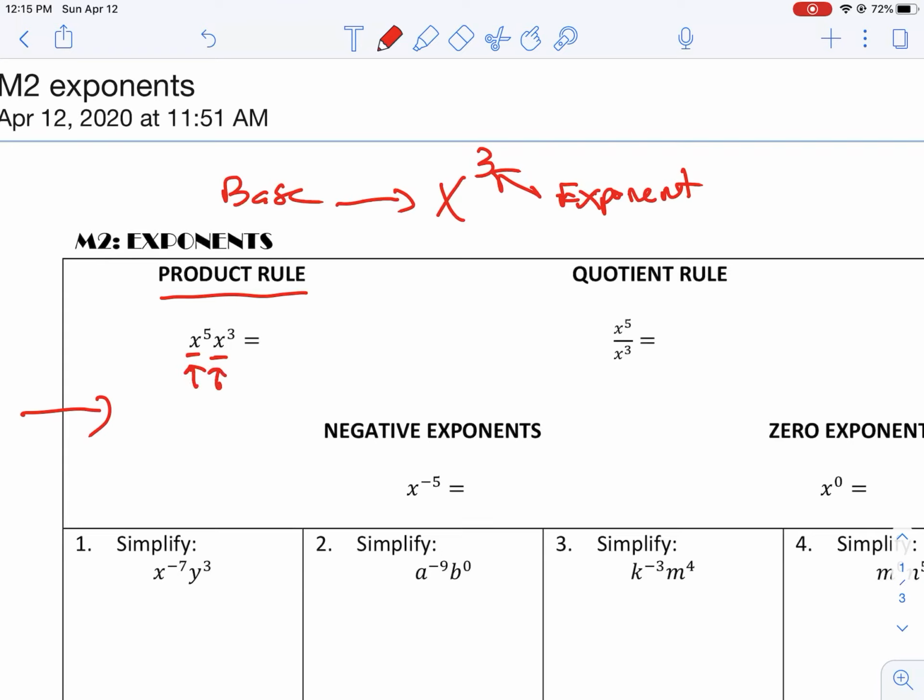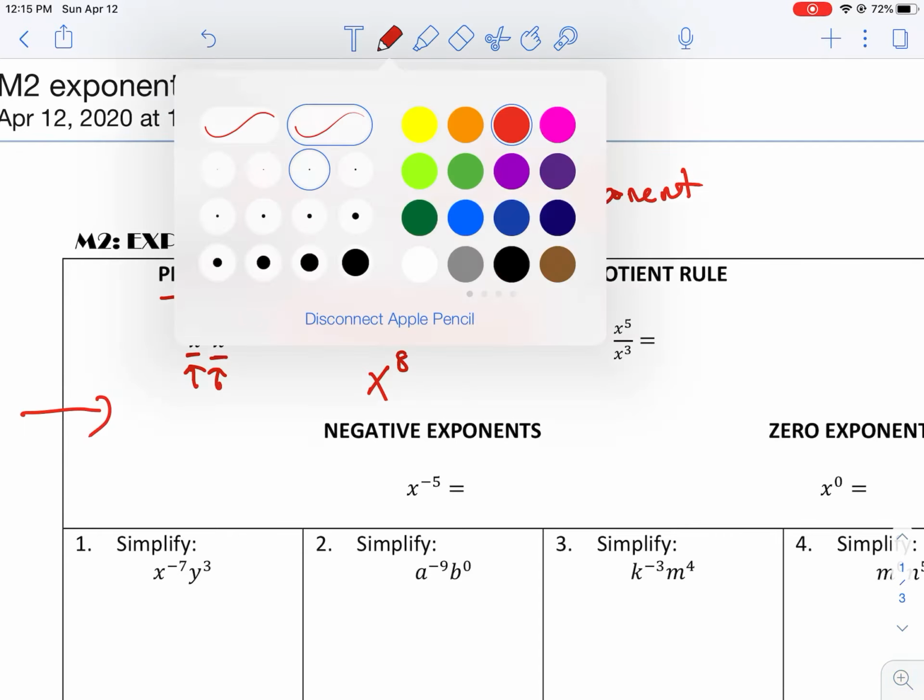Not too hard to understand, but when you have like bases, the same base, x to the 5th is really x times x times x times x times x. Remember, it's something multiplied by itself the exponent number of times, so 5 times. X to the 3rd is x times x times x. And those two are being multiplied, so that's one big multiplication. So now I can put it together in one big x to the 1, 2, 3, 4, 5, 6, 7, 8th power.